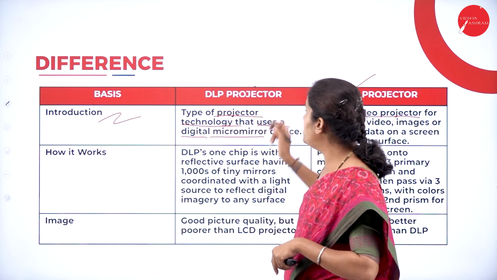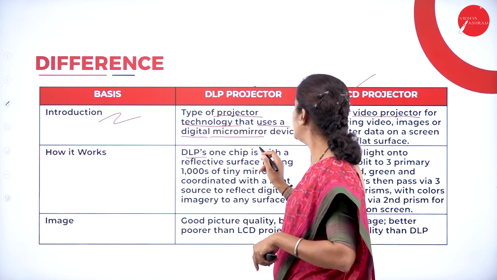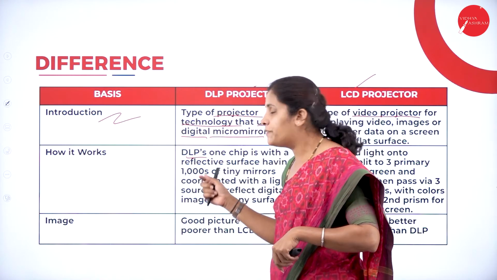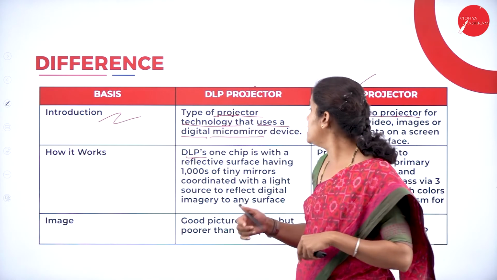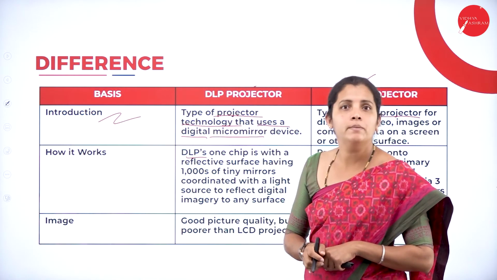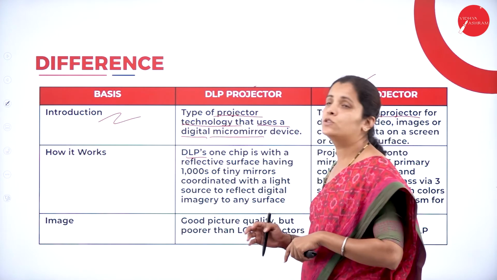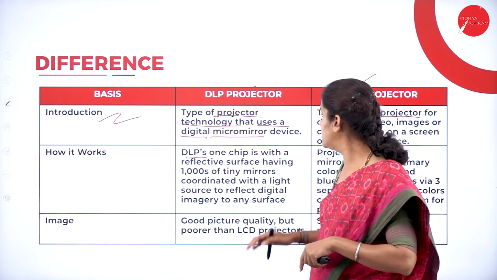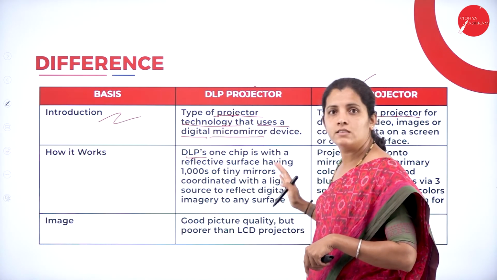So your DLP projector, here DLP's one chip is with a reflective surface having thousands of tiny mirrors coordinated with a light source to reflect digital imagery to any surface.